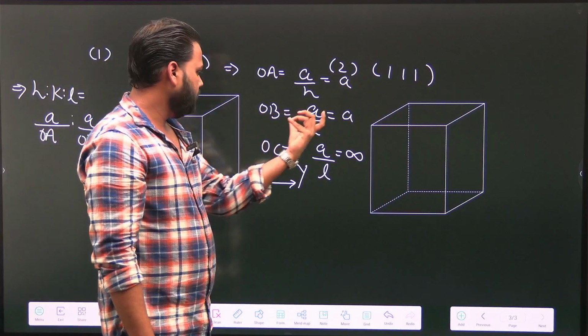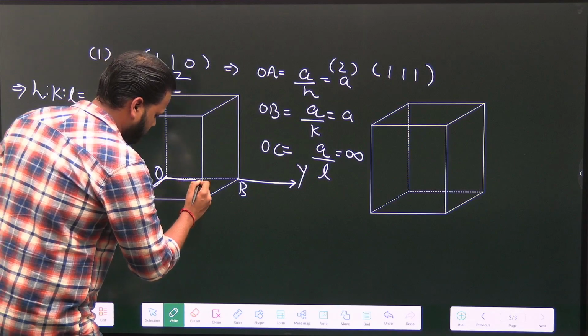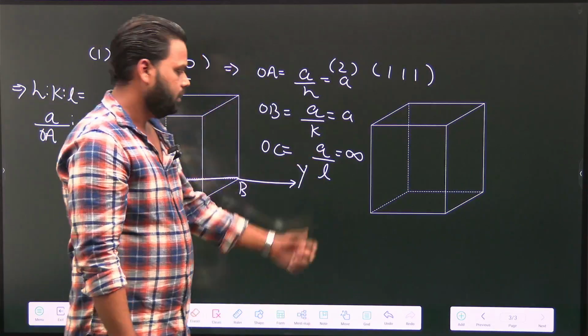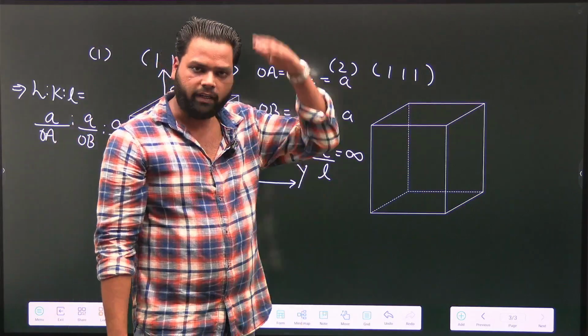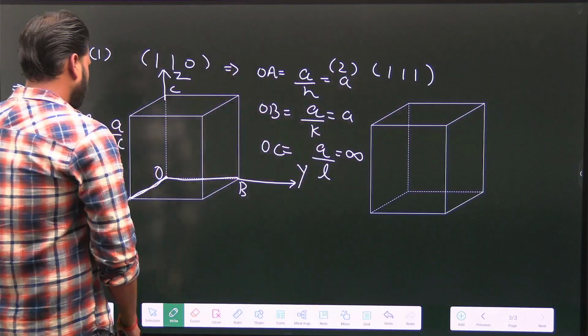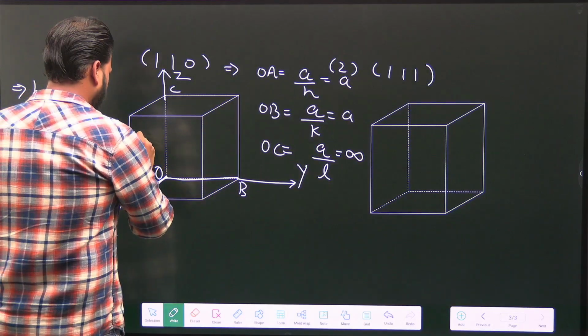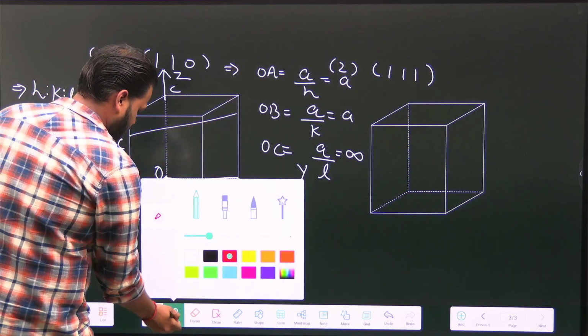At what distance is OB cutting? a. This will be your OB. Okay. At what distance is OC cutting? It's not cutting. Along the z-axis it will be parallel. Infinite को touch करेगा. So it will be like this. You can make your plane. Say. This will be your plane.